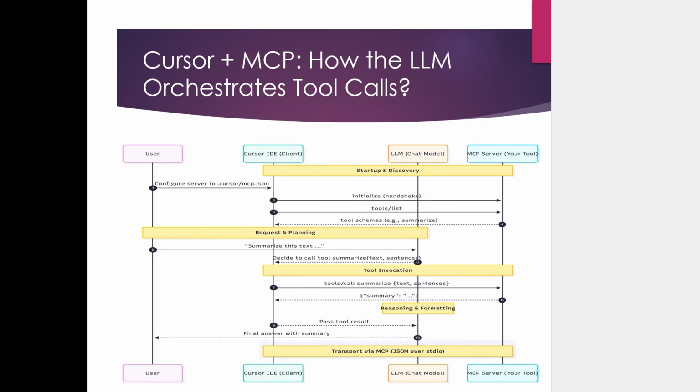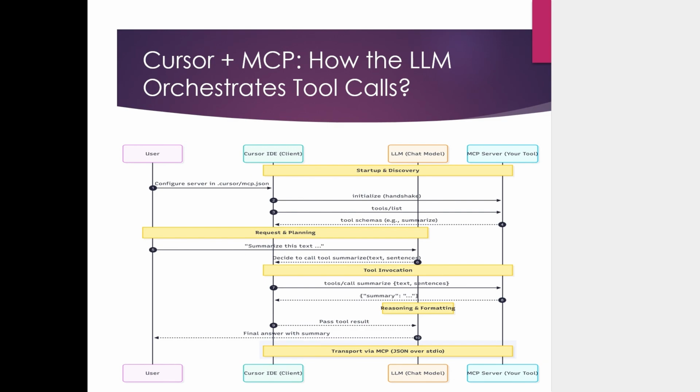Now, this is a very important diagram for understanding how Cursor plus MCP and the LLM orchestrate the tools. The first part is where the user performs the configuration of the server in the MCP JSON in the Cursor IDE client.